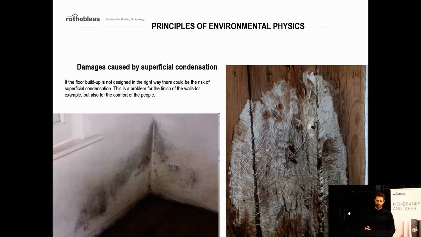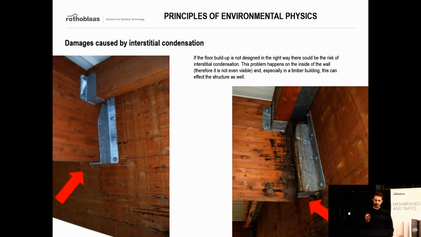So let's have a look first of all at the damages that superficial condensation, for instance, can cause on our buildings. Superficial condensation is a problem which affects mostly the visual part of our building, so the finish of our wall, for example, in this scenario. The damages caused by interstitial condensation are worse for two main reasons.